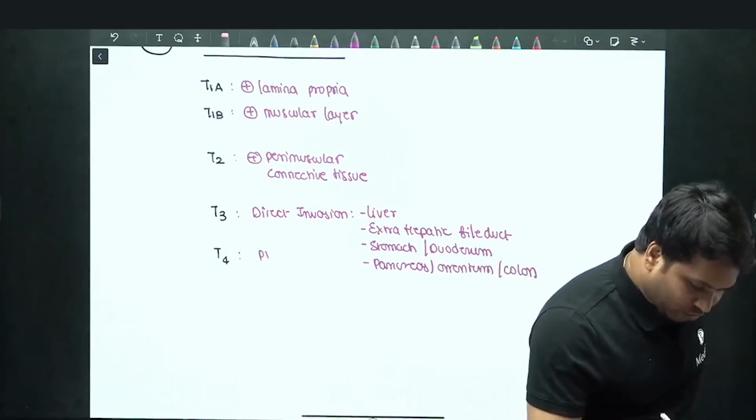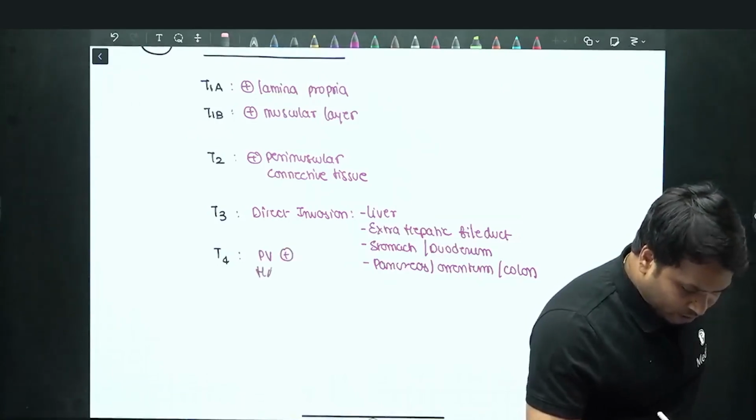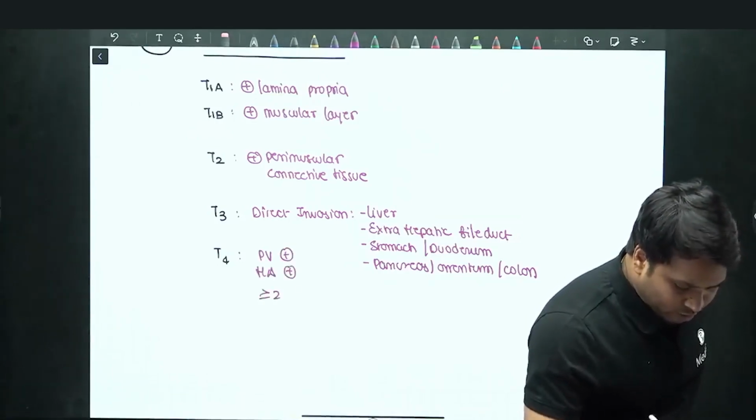T4 is involvement of the portal vein, involvement of the hepatic artery, or involvement of two or more extrahepatic organs.